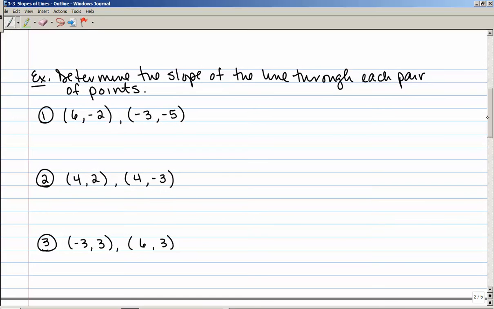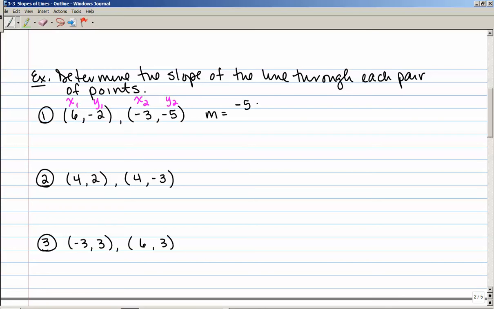Okay. Let's do a couple examples here. Let's determine the slope of the line through each pair of points. If it helps you to do this, label this x1, y1, x2, y2, go ahead and do that. If you found that helpful when we were doing midpoint and distance, please do it here. So the slope is going to be the difference of the y's, and you could actually do it the other way around, y1 minus y2, but just make sure you subtract your x's in the same order.